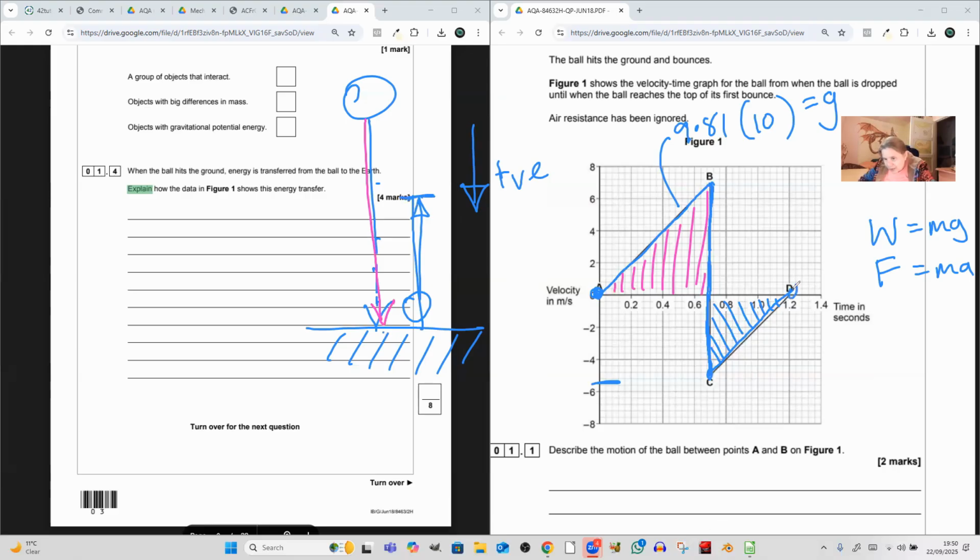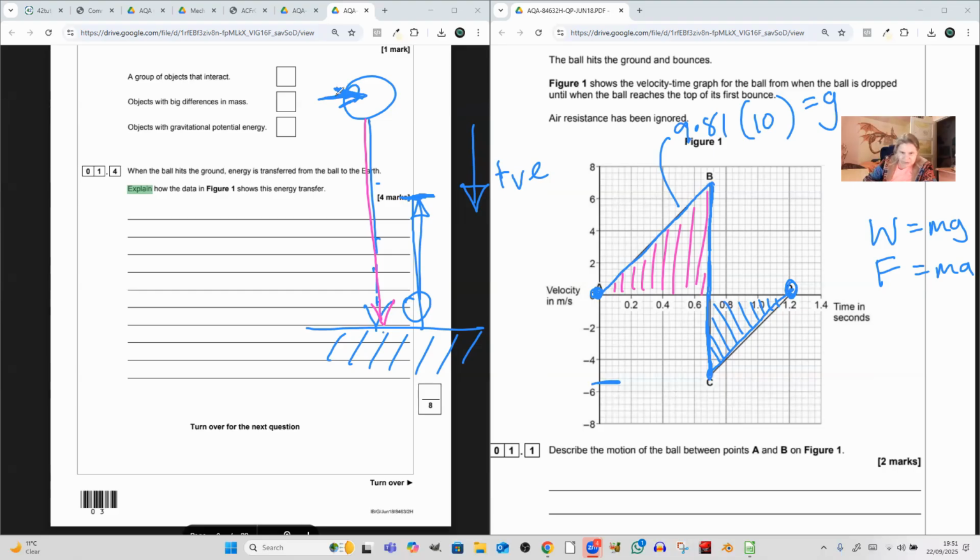Can you see at D, that's the highest point, it's stopped again. So it's bounced, it's gone up and it's slowing down and it's stopped. So if it doesn't bounce back to its original height, what's going on? What sort of energy has the ball got to start with?